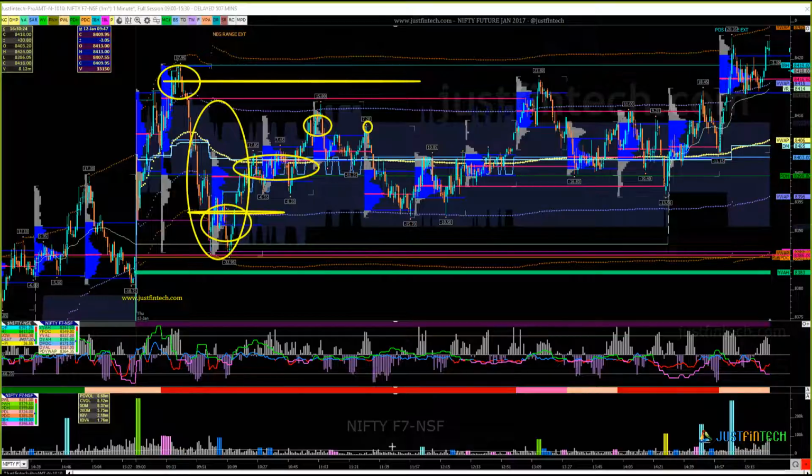So the momentum in the move was not in tandem with the volume, and when the scenario is like that, I prefer to stay away rather than burning hands.